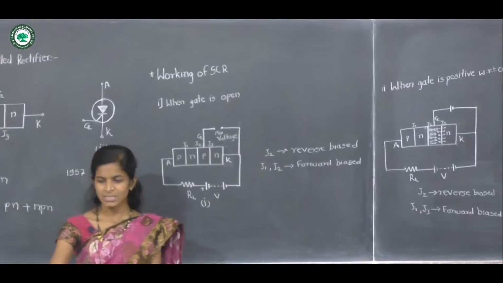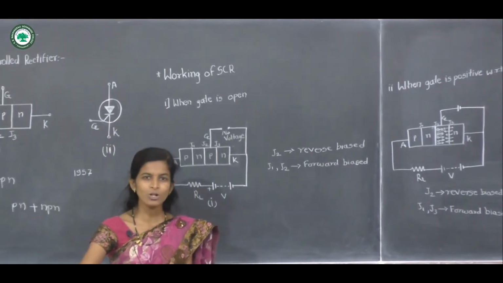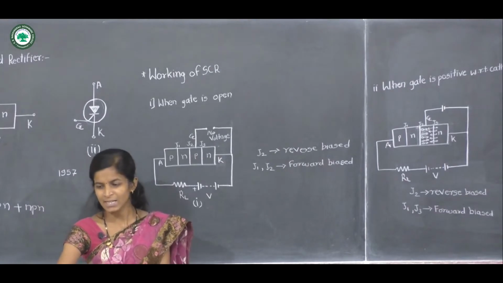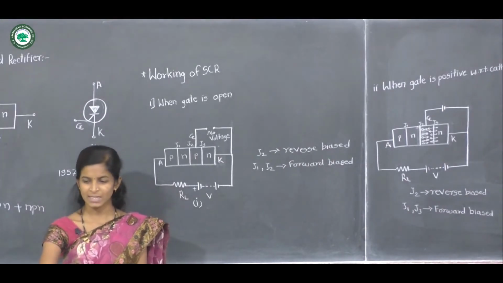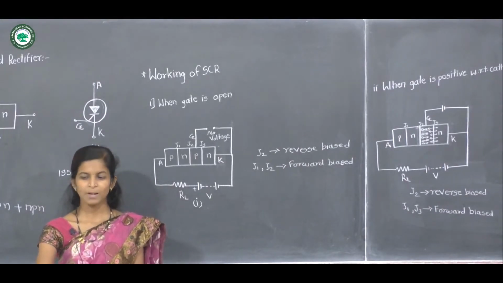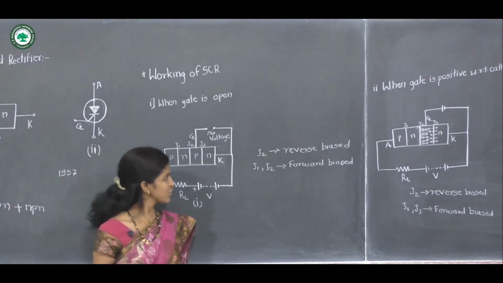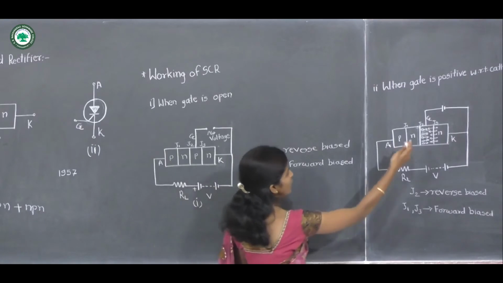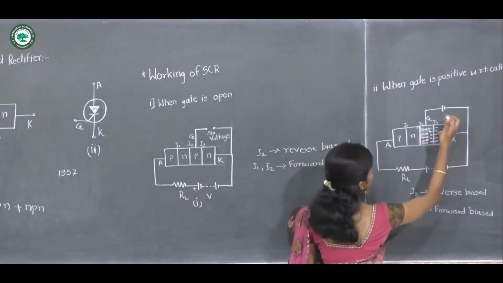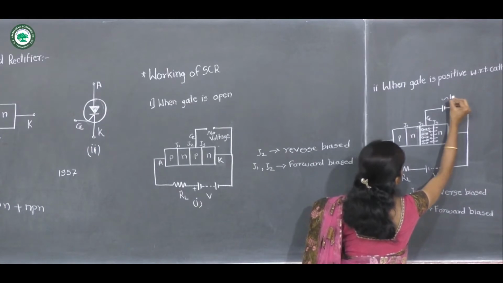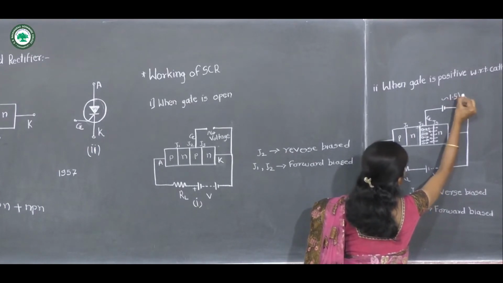The next way is to operate the silicon controlled rectifier with supply voltage less than the breakdown voltage, and then turn it on by means of a small voltage applied to the gate. Here the voltage applied to the gate is of the order of 1.5 volt.